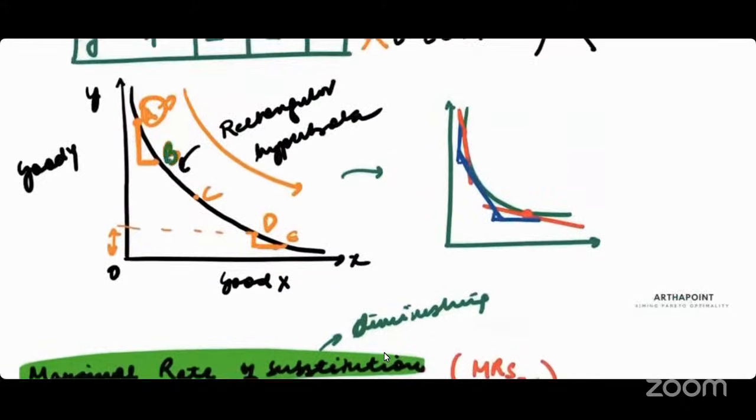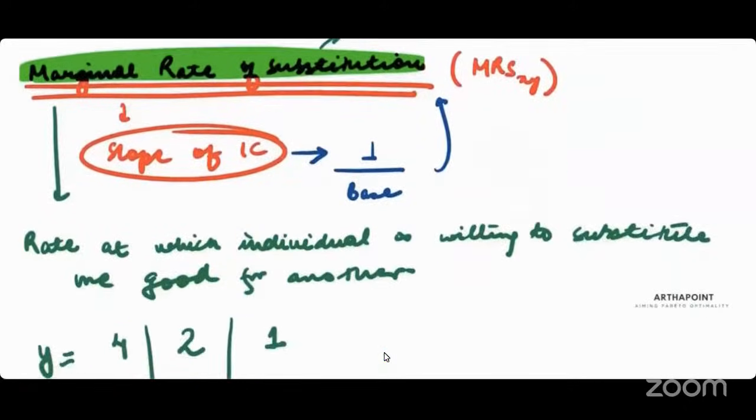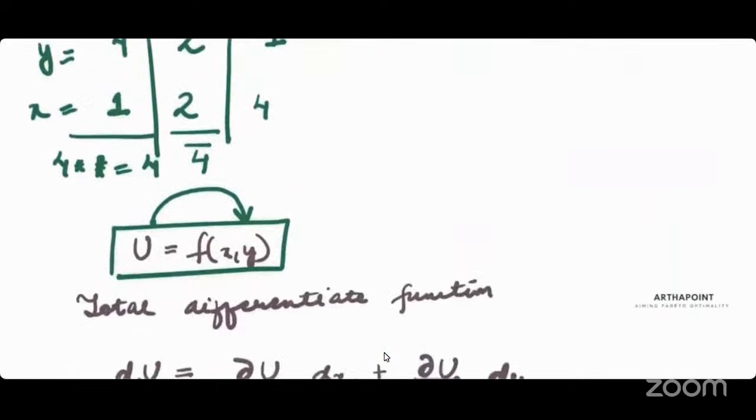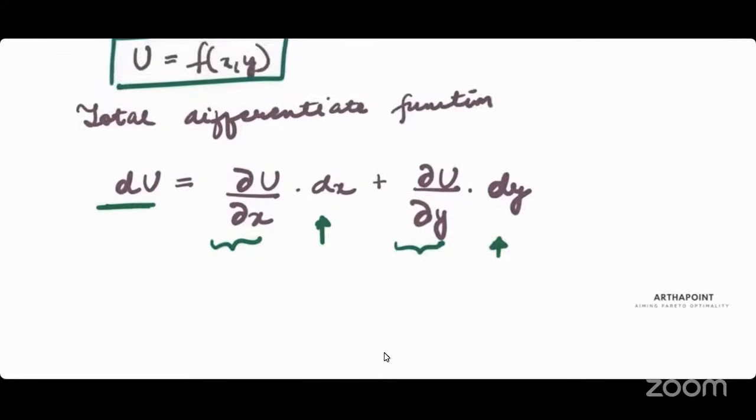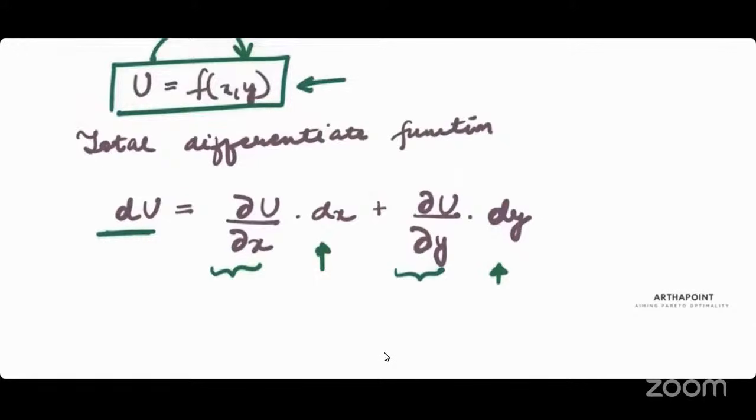You will go from point B to point C. And when you go from B to C, x is also changing and y is also changing. So utility is changing because x is changing, into how much x is changing, plus utility is changing because y is changing, into how much y is changing. This is the total differentiation of your utility function.